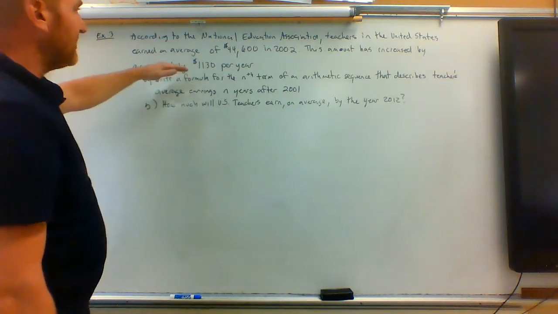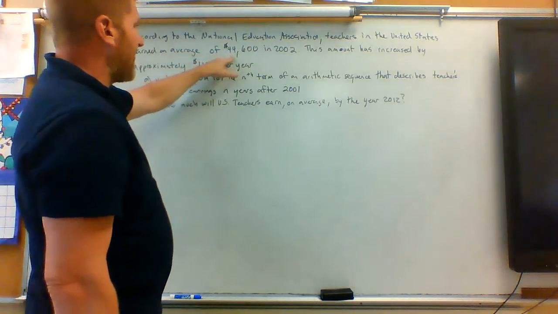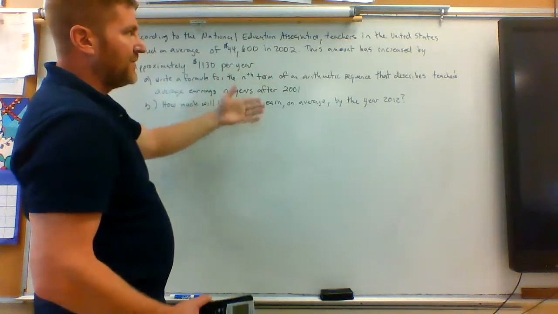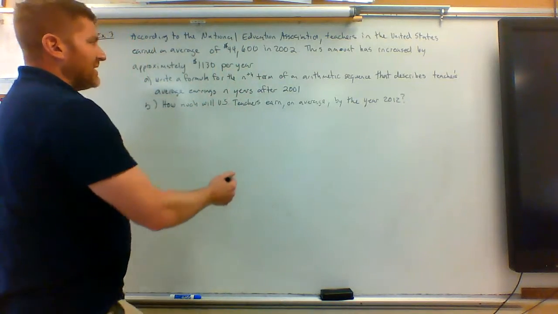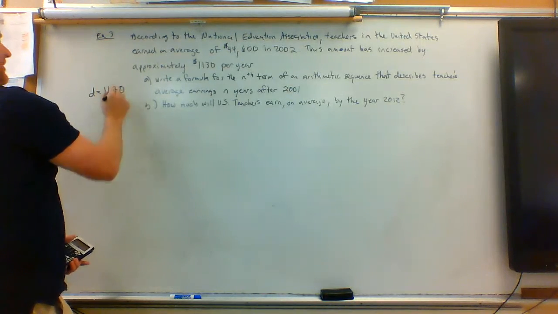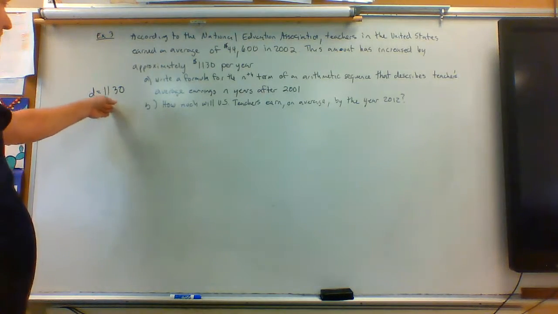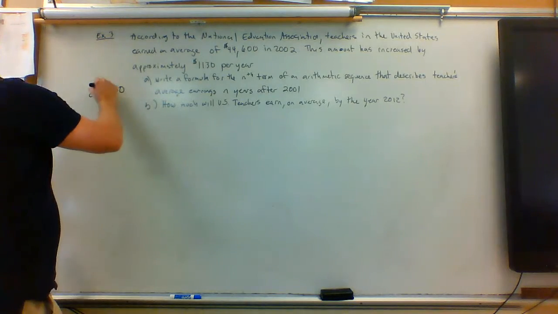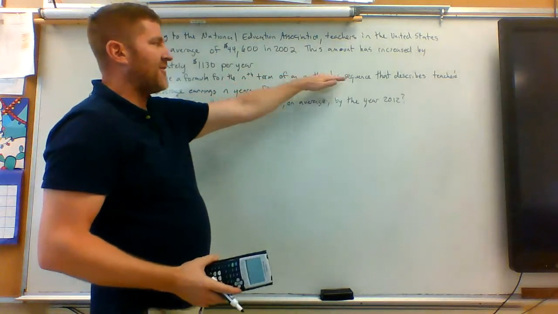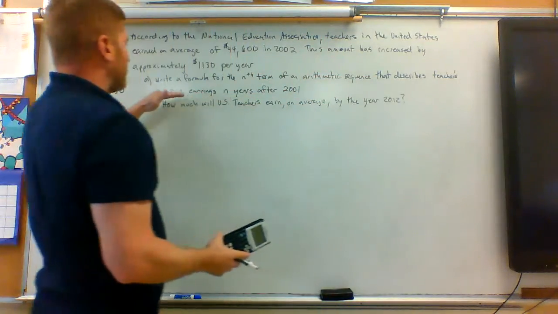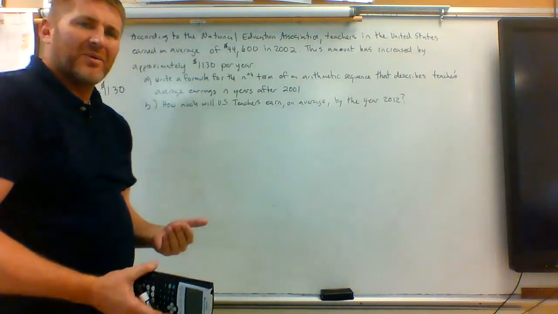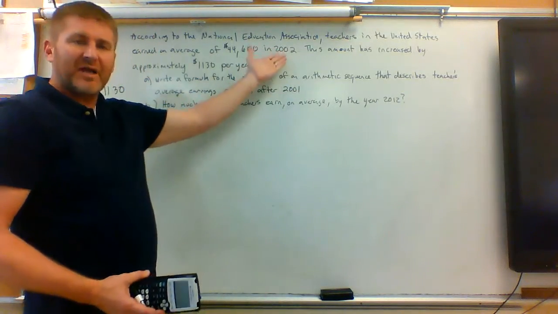So they really tell me what the average teacher makes in 2002, and it increases by this much every year. So if it increases like that every year, that tells me the common difference is $1,130 per year. It also says write a formula for the nth term in an arithmetic sequence that describes teachers' average earnings n years after 2001. So I look back and said 2001, this says 2002.